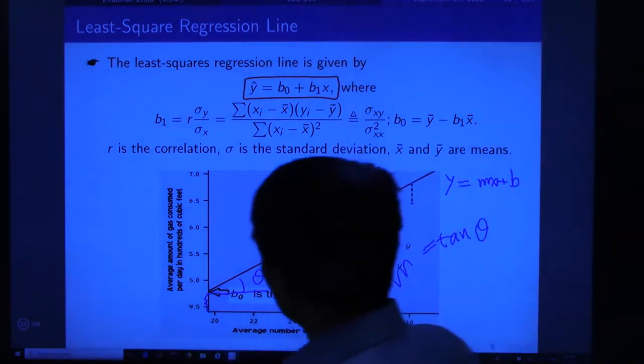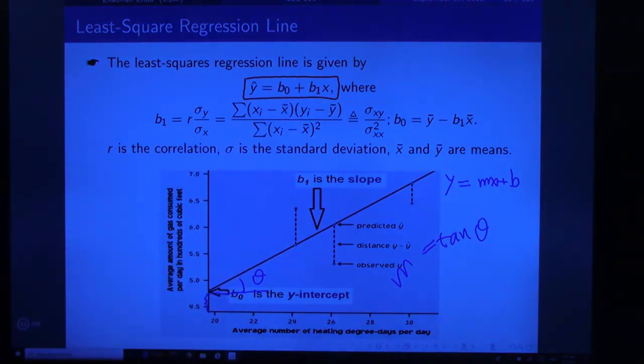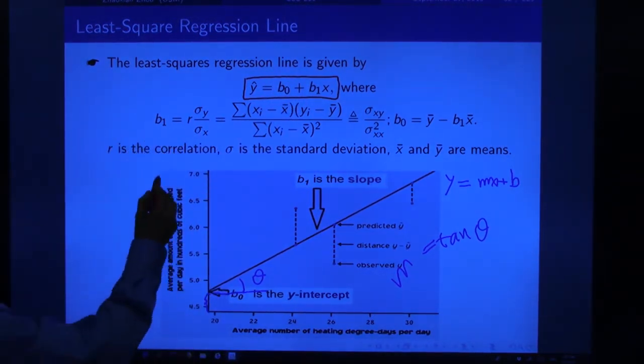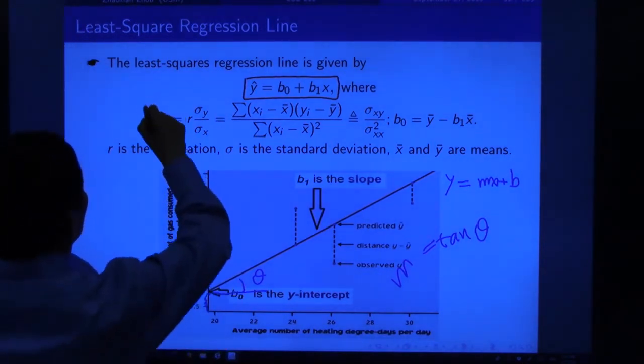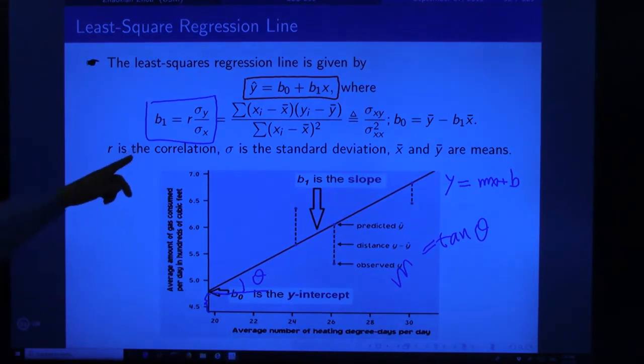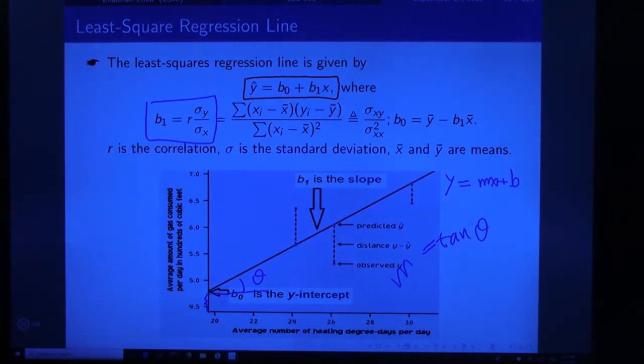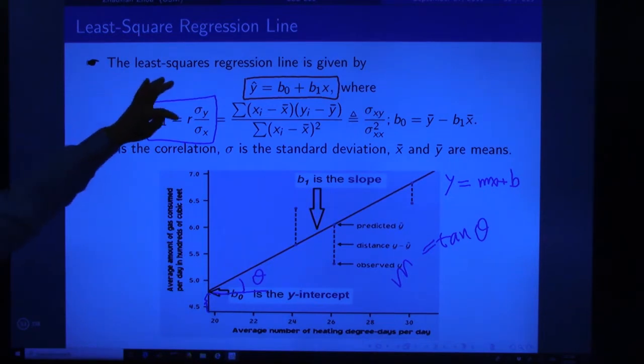The first one is we try to find the b1, which is the slope. The b1 is defined as r times sigma y divided by sigma x. What is r? R is the correlation coefficient.